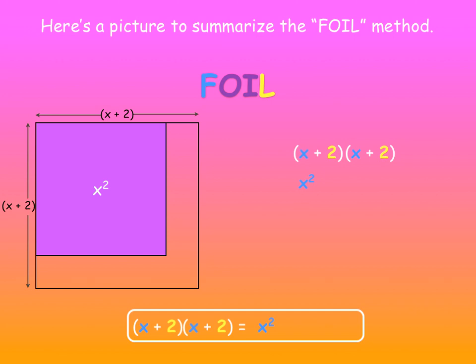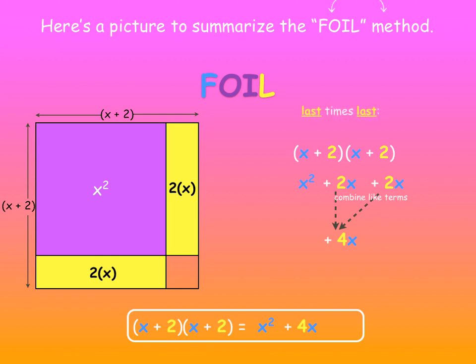Now, outer times outer, plus 2x. Inner times inner, plus 2x. Combine like terms, plus 4x. Now let's watch the picture. There it is, 4x. Now last times last, plus 4. Look at the picture, plus 4.